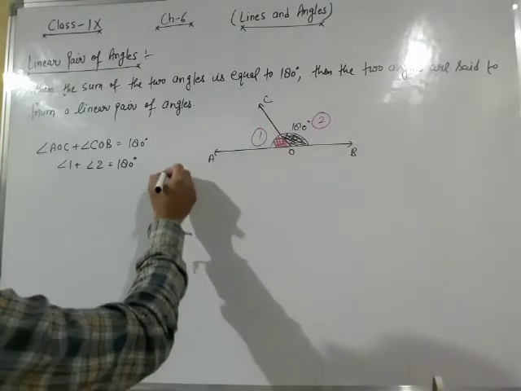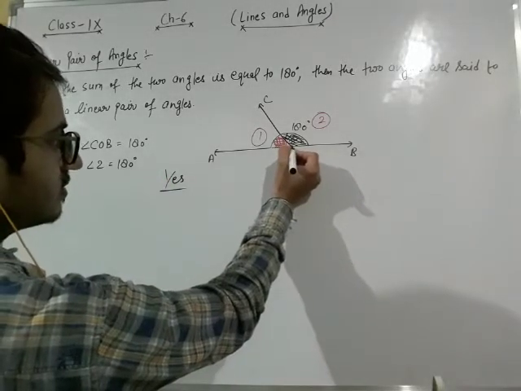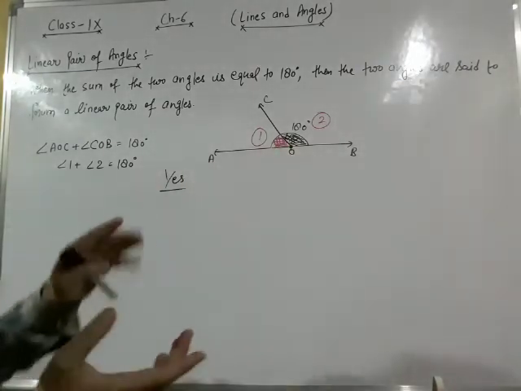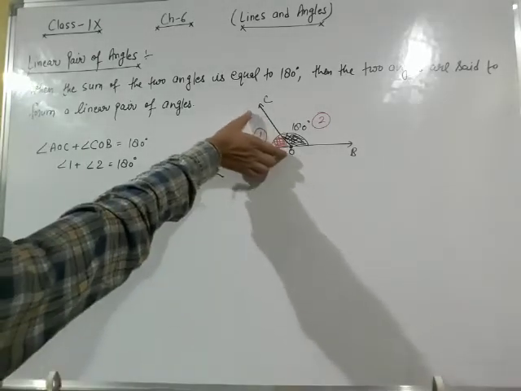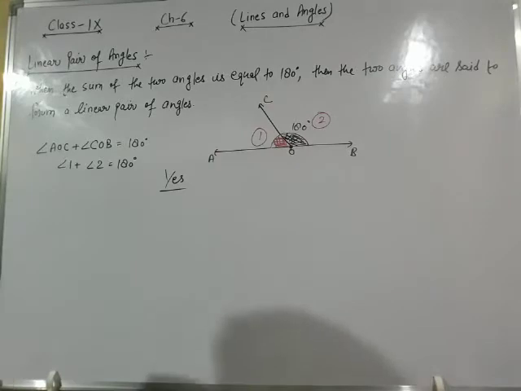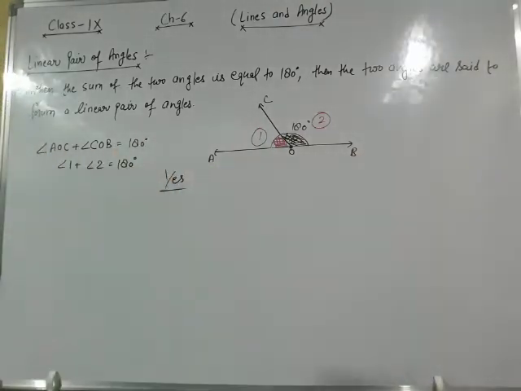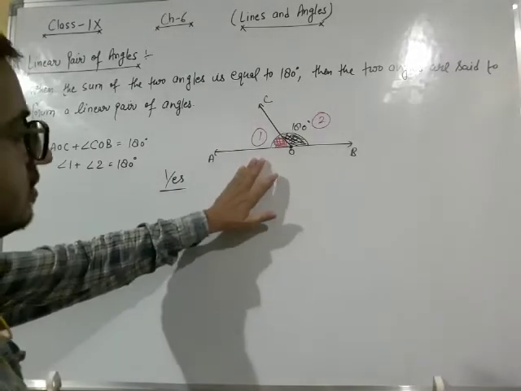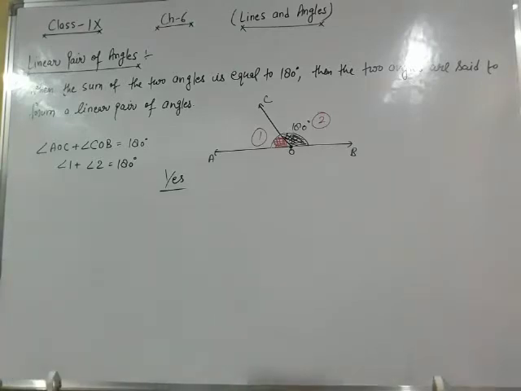My answer would be yes, because they have one common vertex O. They have one common arm, or common ray, OC, which is common to both the angles. And third property, the non-common arms are in opposite directions, OA and OB. These are two opposite rays. So all three properties are satisfied here. Therefore angle 1 and angle 2 are also adjacent angles.